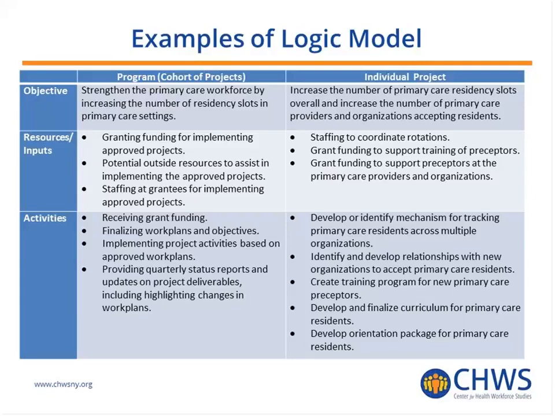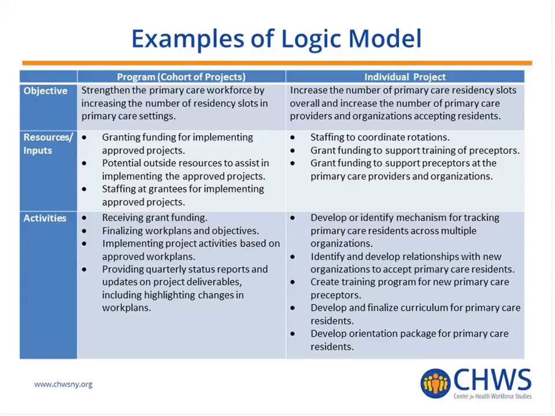So for the next couple of pages, I took an example from some of the work that you do, and tried to create a logic model of the project. And again, that logic model could then be used for creating an evaluation. So on the left-hand side, we've got a cohort of projects or a program. On the right-hand side, we've got a project.